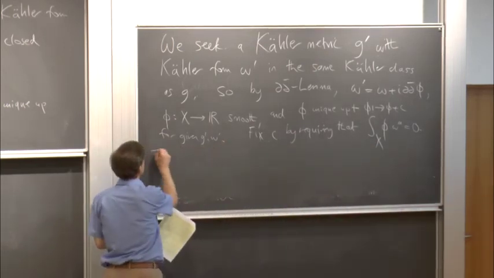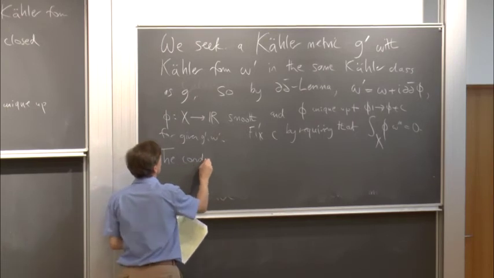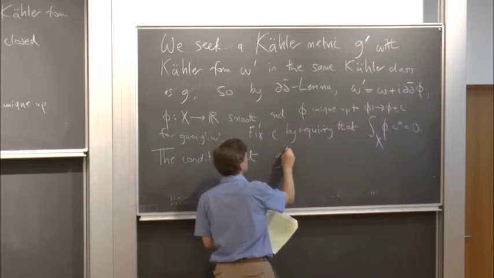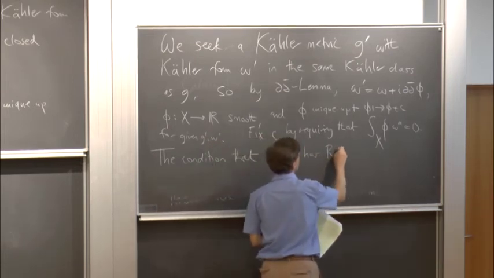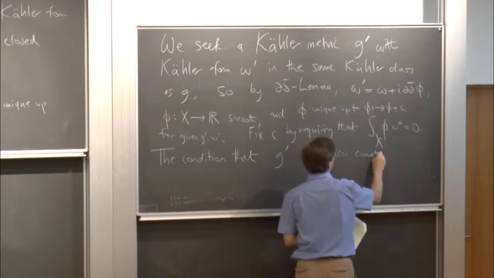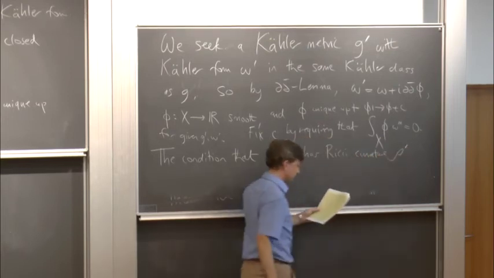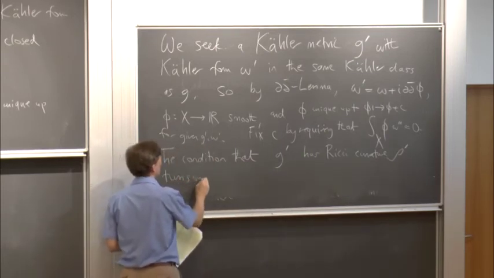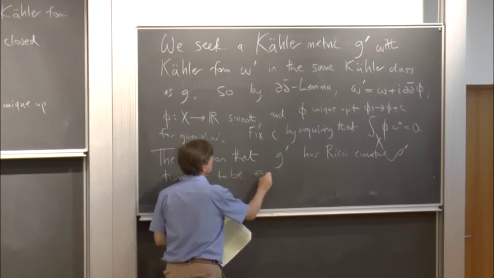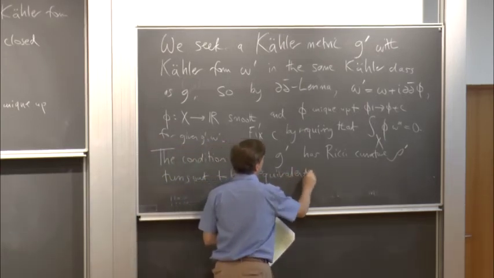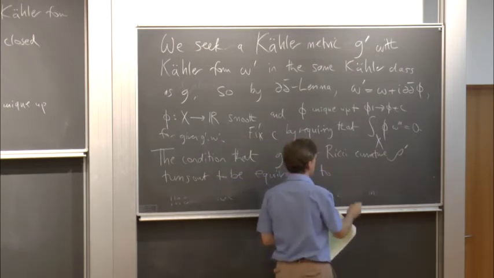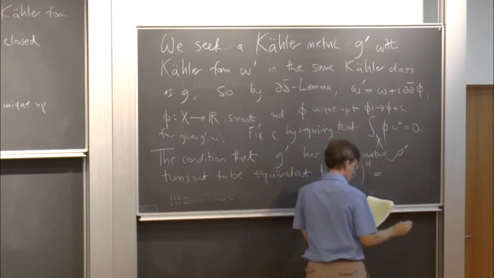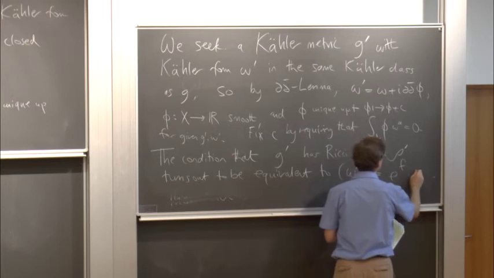So the condition that g' has a Ricci curvature ρ' turns out to be equivalent to ω'^m is equal to e^f times ω^m.